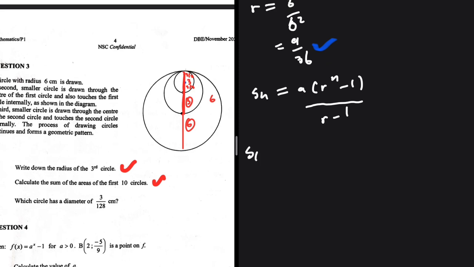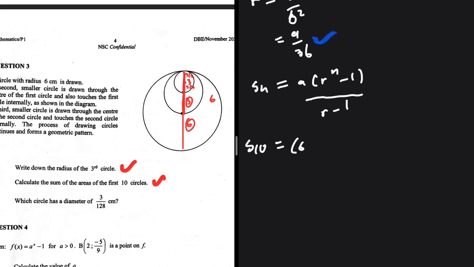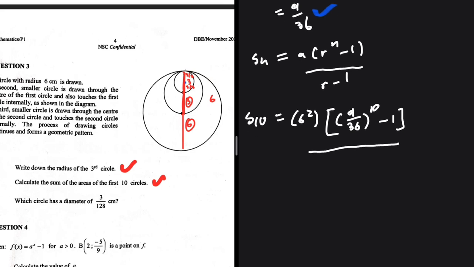So for the sum of the first 10 terms, we're going to have a being equal to 6 to the power 2. And then we have r being 9 over 36, and then this is to the power 10. We subtract 1 and we divide everything by r minus 1.